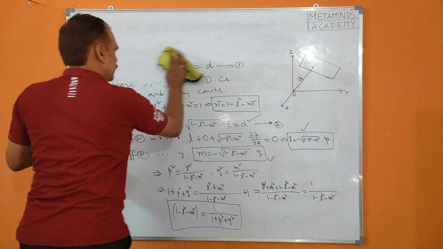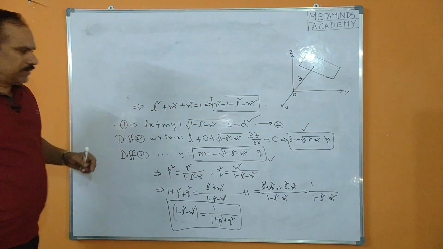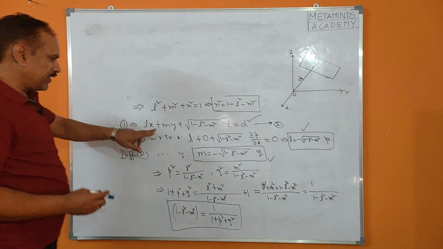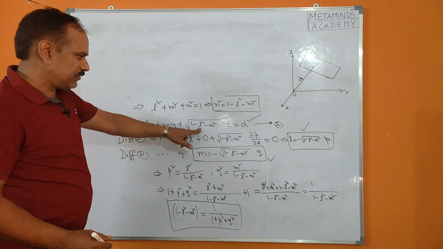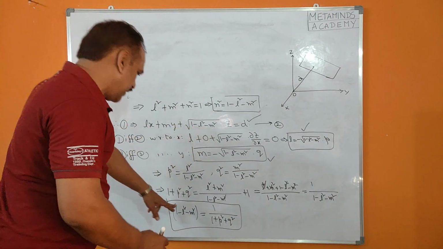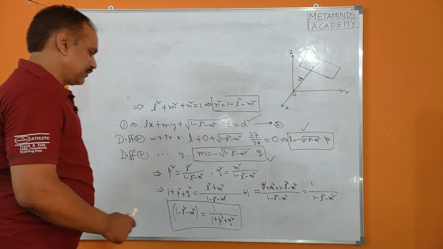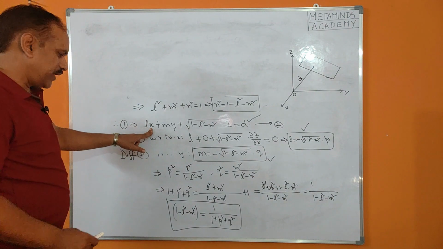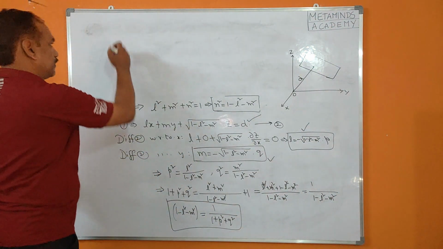Now, so this is equation 2. In this, root over 1 minus L square minus M square is there, right? Now you divide the entire equation 2 by root 1 minus L square minus M square.